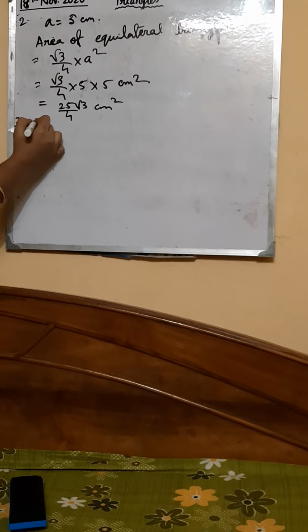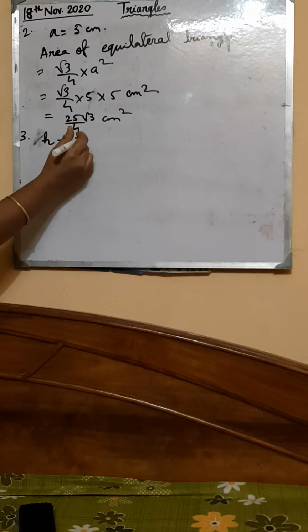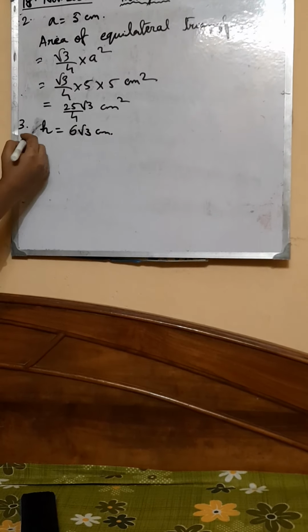If the height of an equilateral triangle is 6 root 3, find its area. So you know that height is given. Height h equals given what? 6 root 3 centimeter. So let side equal A. Okay.